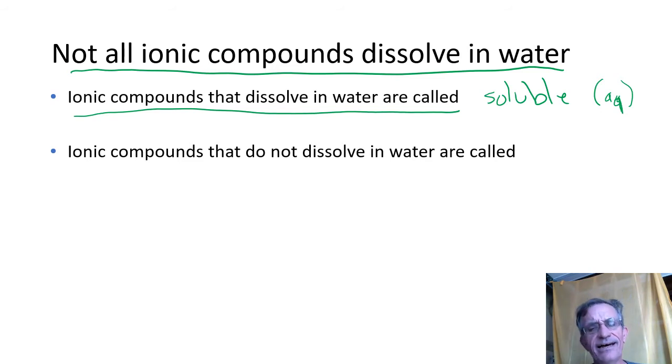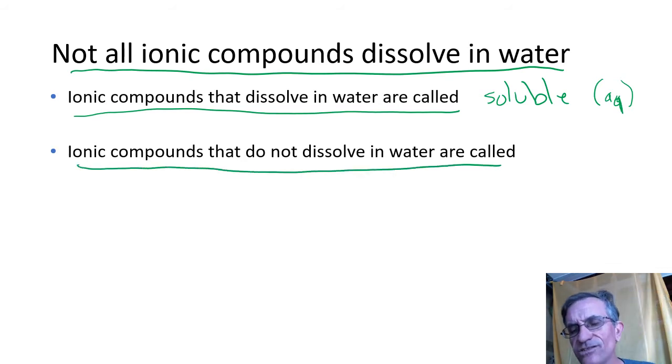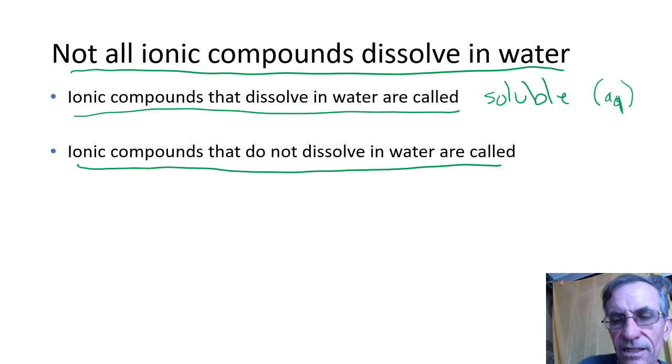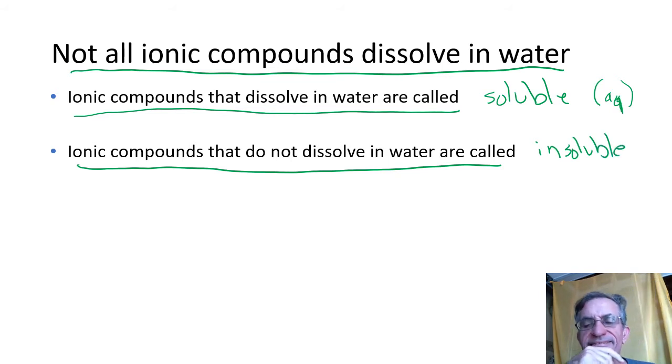Now, there are some ionic compounds that do not dissolve in water. Ionic compounds that don't dissolve in water are called insoluble. And there's a little symbol for those you might see in a reaction. If you don't dissolve in water, what does that mean? It means you stay as a solid.